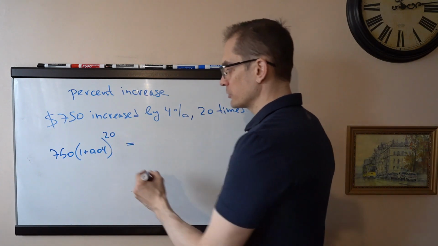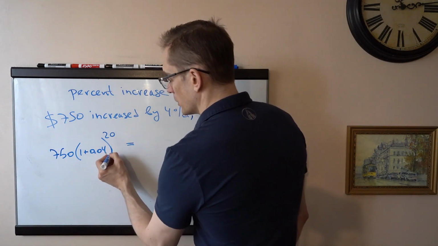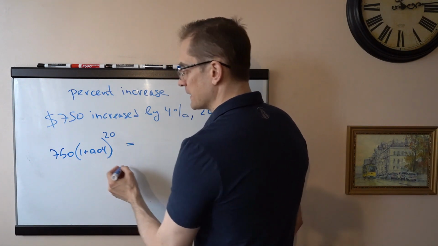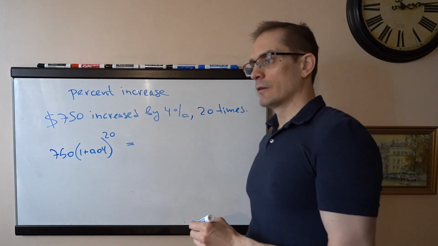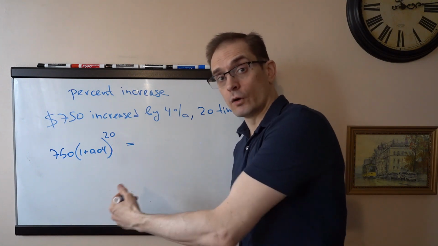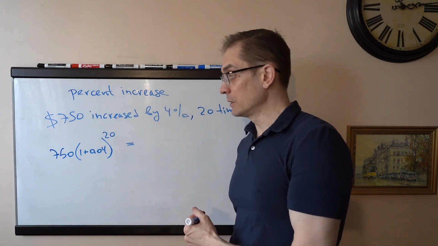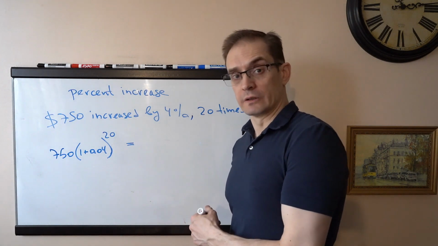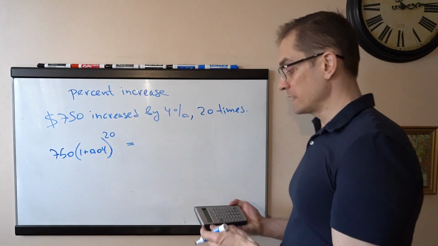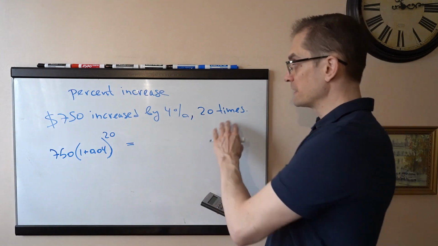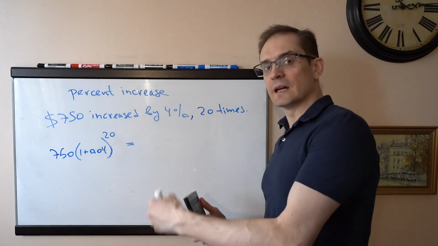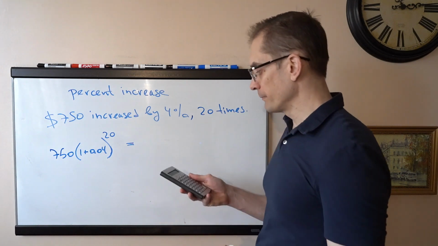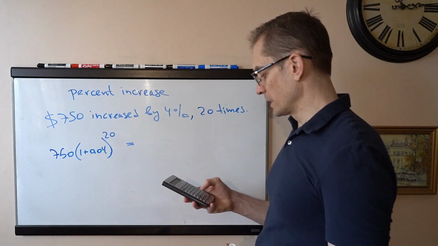You see, as soon as I began to think about increase as finding 104% of the number, I was able to create an exponent. And this exponent allows me to solve this multi-step, seemingly multi-step problem in a very straightforward way.